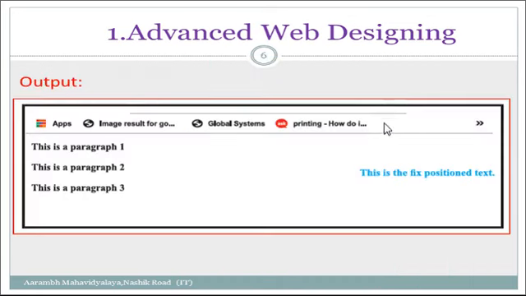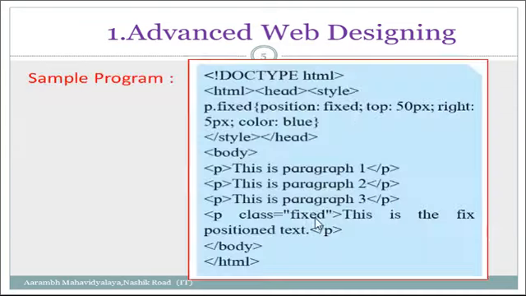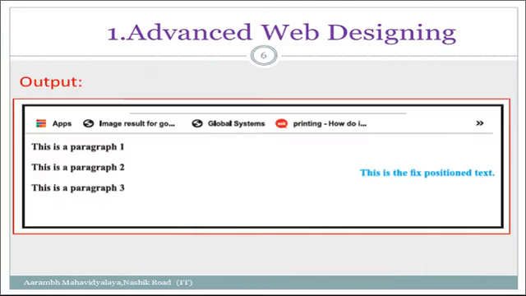Here from top it will have the distance 50 and from the right it will have the distance as a 5 pixel. Okay, got it? It is having the fixed position. It will not move from this position unless and until we move its pixels as top and right. Okay, got the concept of fixed position?